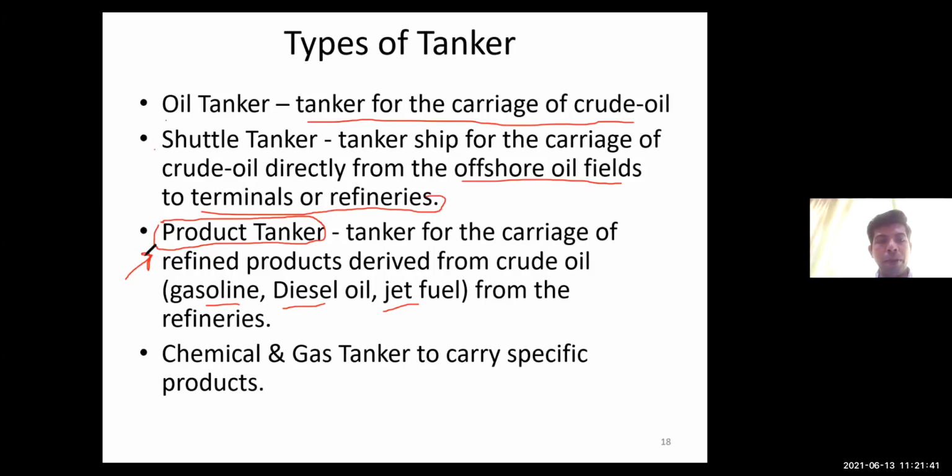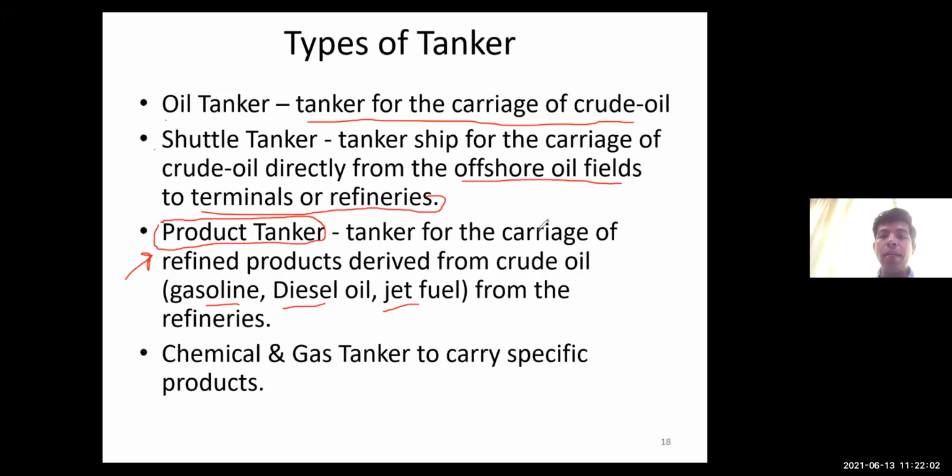And in product tankers, you will not find VLCCs and ULCCs. Finished products are carried in smaller chemical tankers. Product tankers, chemical tankers, size is almost the same. You will find a maximum of 150 to 200 meters length, not more than that.